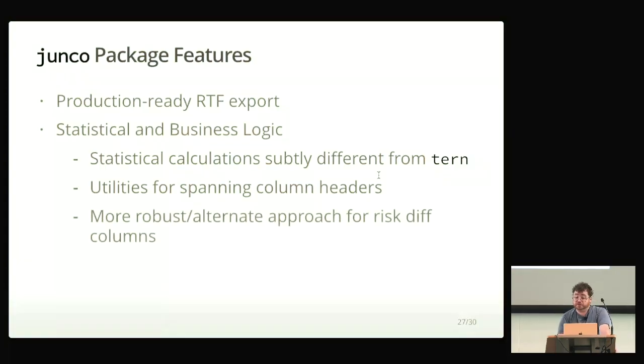And finally, there was some of the FDA feedback that I talked about before about somewhat standardizing tables, which is this concept of risk difference columns for a lot of the adverse event tables. And Turn has an approach for that, but it wasn't robust enough for what we needed. So we have a different approach that we built our functions around.